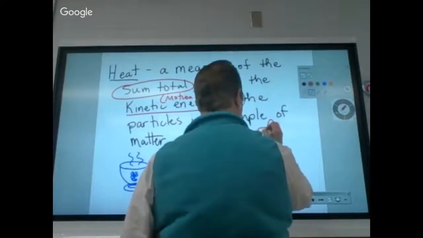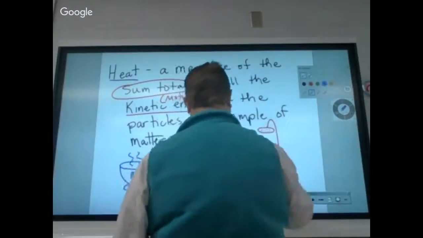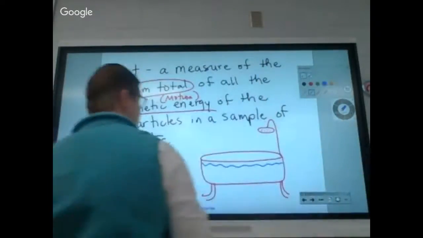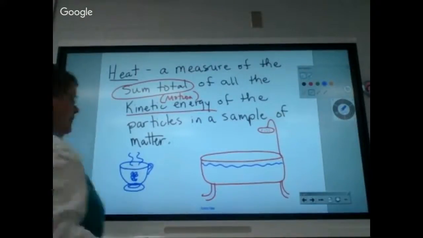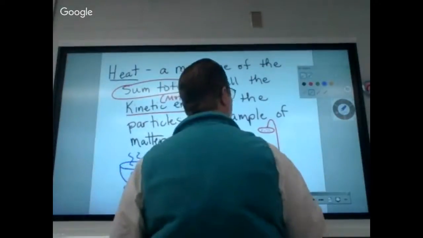I don't have a lot to work with here. I can't draw that. All right. Got any guesses? Yeah, see, it's not terrible. All right. So we got a bathtub and we got a coffee cup.